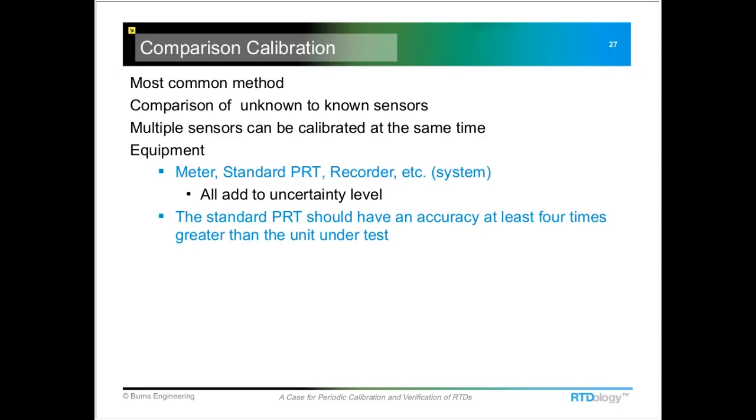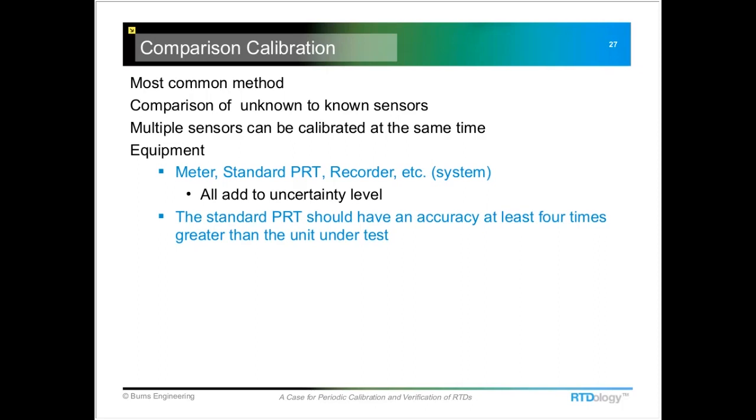Could be a piece of paper, could be a computer, any number of things. Each one of these components that you add into this system adds to your uncertainty level of that measurement. So sometimes keeping it very simple can actually end up with a lower uncertainty level than having a whole bunch of complicated equipment hooked up. But in general, in a lab, you're going to have probably more accurate equipment than you will in the field.